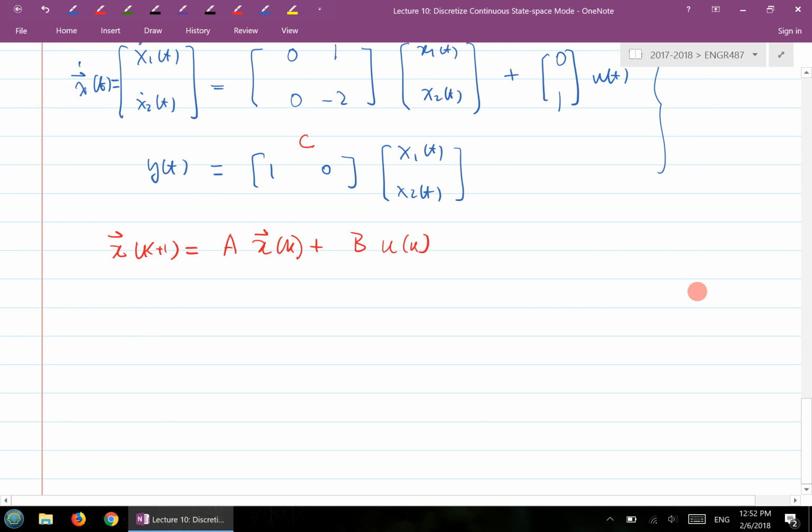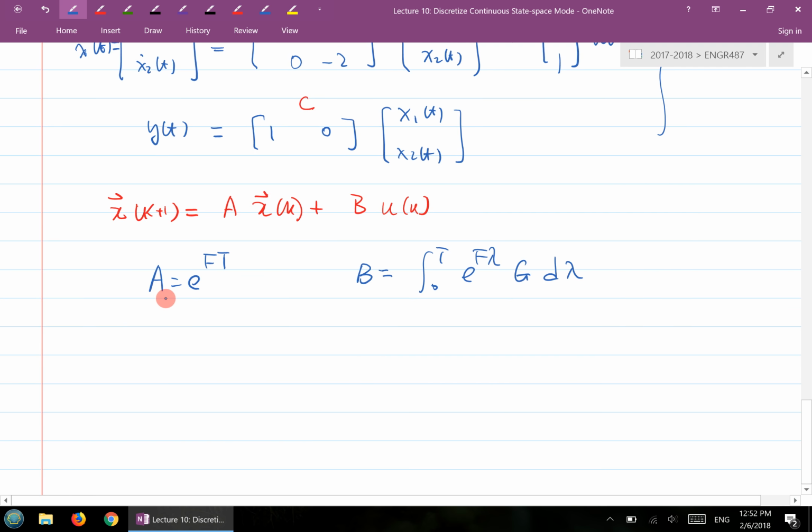Go back to our formula: remember A equals e to the power of FT, and B equals the integral from 0 to T of e to the power of F lambda times G d lambda. As we said, we don't calculate right away. We calculate e to the power of F small t, and formula-wise that is the inverse Laplace of (sI minus F) inverse. This is the formula for e to the power of Ft, the transition matrix.